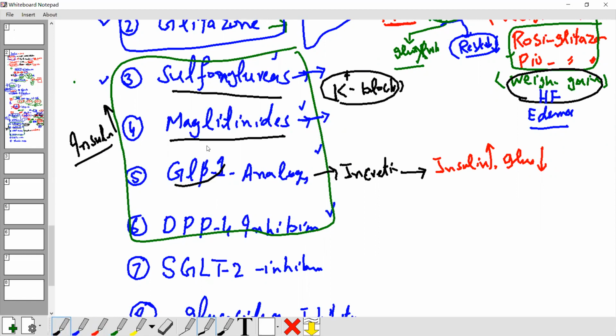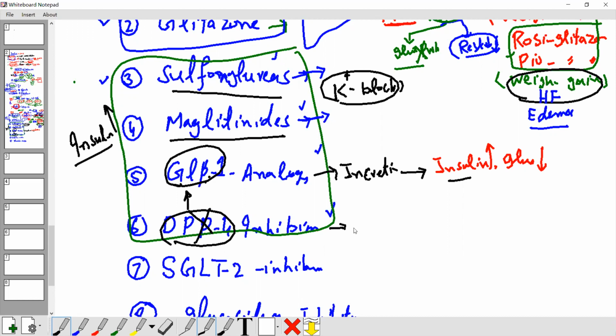This peptide is produced from the intestine and helps to increase the insulin. DPP4 is the enzyme that breaks this peptide. So if you inhibit this enzyme, the peptide can stay for a longer duration.